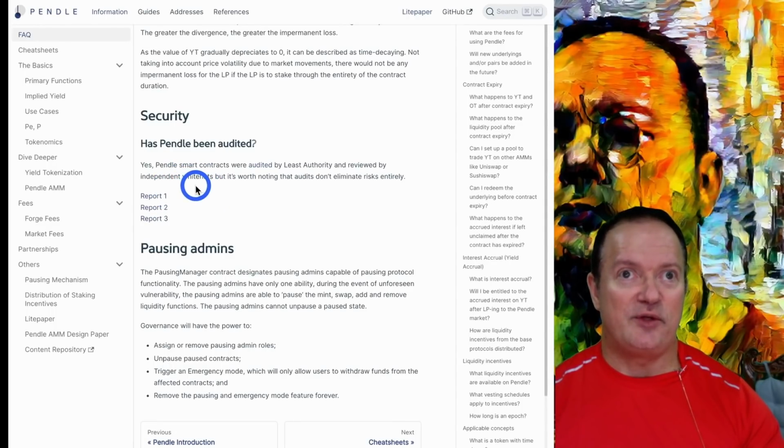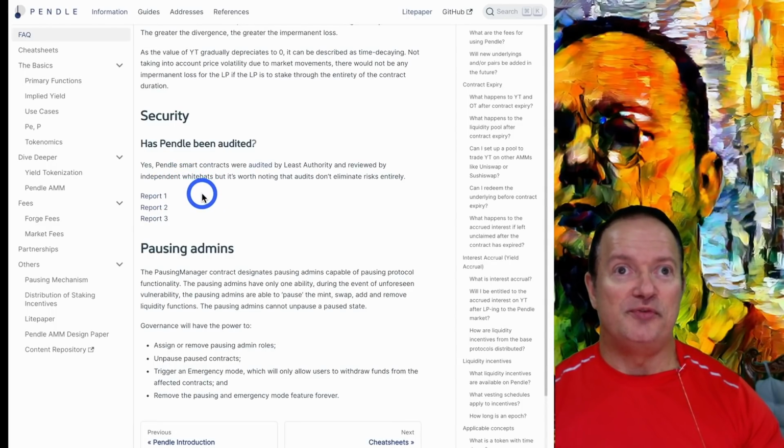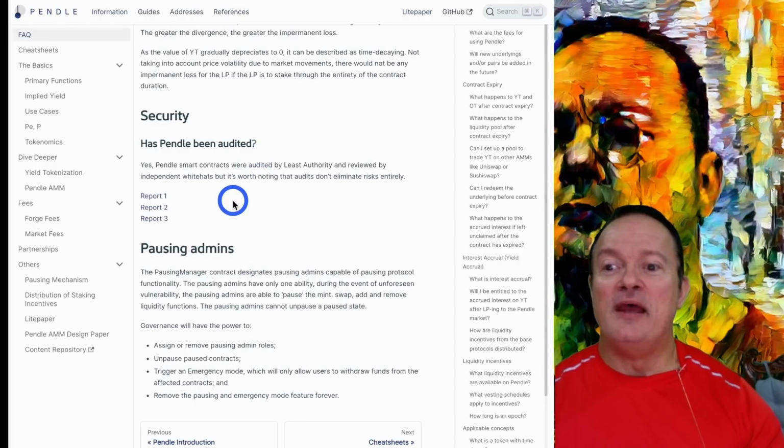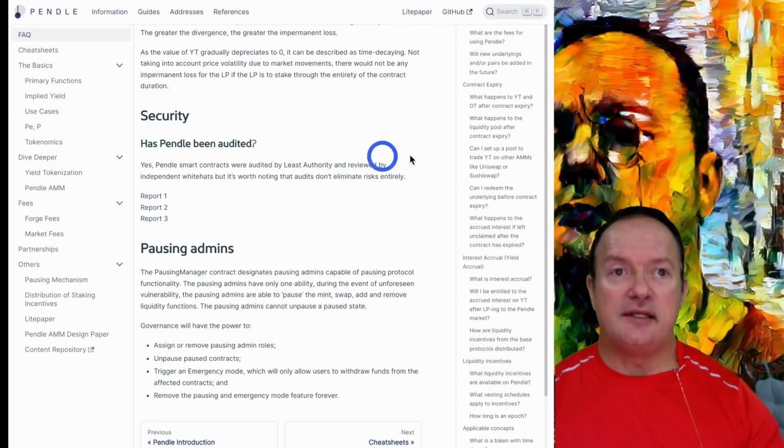White hats are hackers that do good for people. So you pay them not to break your system and to find bugs. And it's worth noting that audits don't eliminate risk entirely. Always remember that. So they have 3 reports here. And so it's been thoroughly audited. So the risk shouldn't be too big.